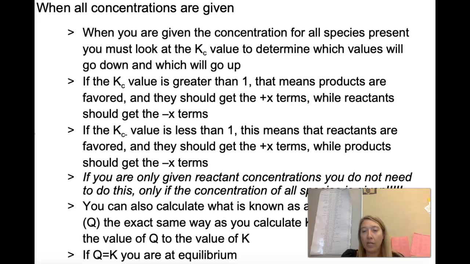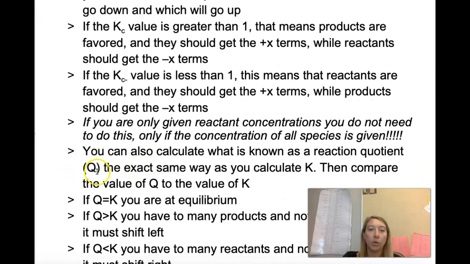Some of you guys like that way, some of you prefer a math way. So the way that you can look at it mathematically is using what we call a reaction quotient. So the symbol for the reaction quotient is this Q right here. We calculate a reaction quotient the exact same way we calculate a K. The only difference is we don't put in equilibrium concentrations.